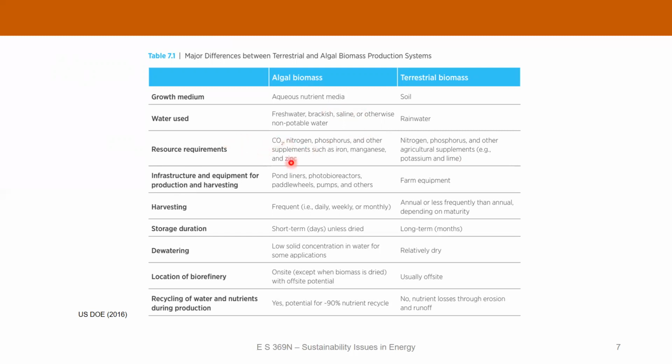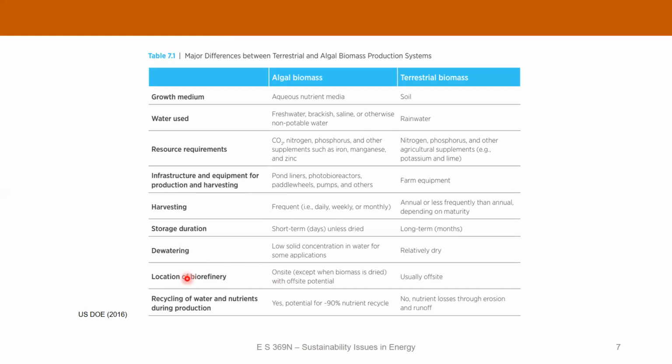In terms of resources, algae use similar things to terrestrial biomass, but they require a source of CO2. Terrestrial biomass just takes that up from the air, but the algae can use a direct source to really enhance the growth. Another difference is that you can harvest the algae much more frequently because it grows a lot faster.